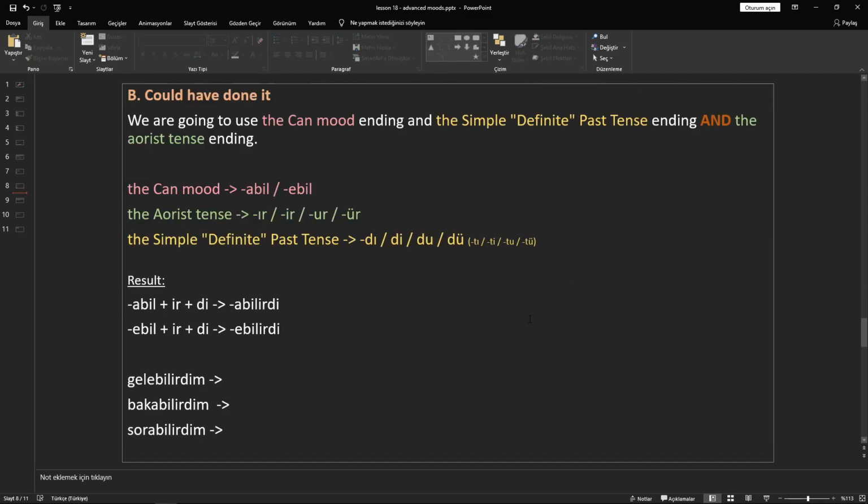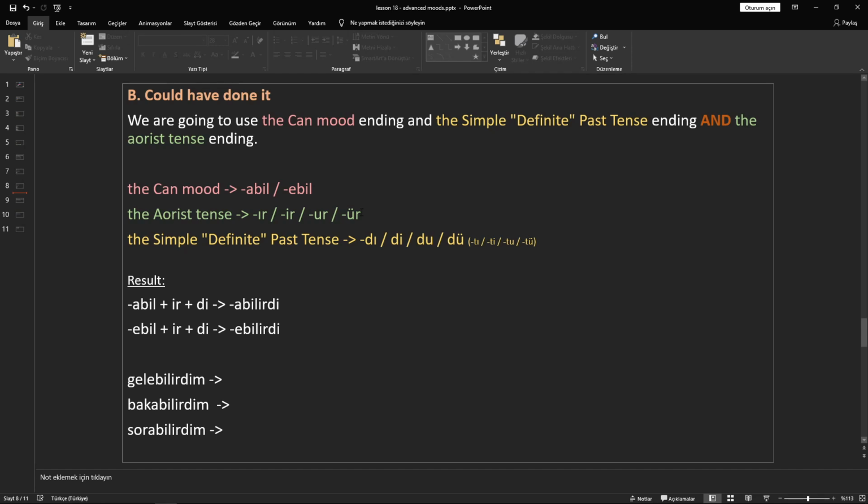So now we have this could have done it. It's a bit more complicated because we also have the aorist in play. Like we have 3 different suffixes. We need to remember abil or ebil, aorist, and past tense.